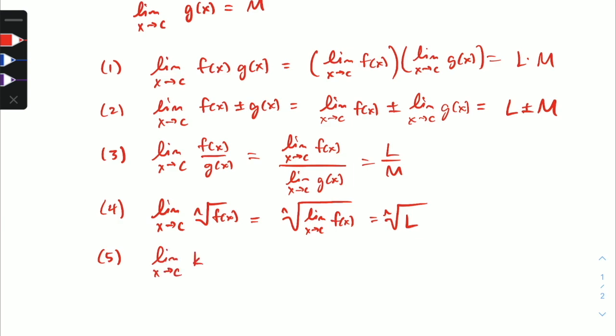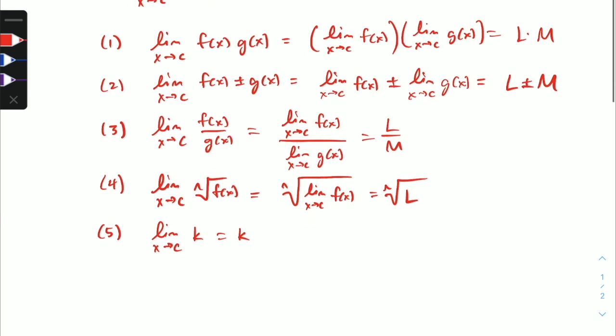The first is the limit of a constant is just the constant, and the limit as x goes to c of x is c.